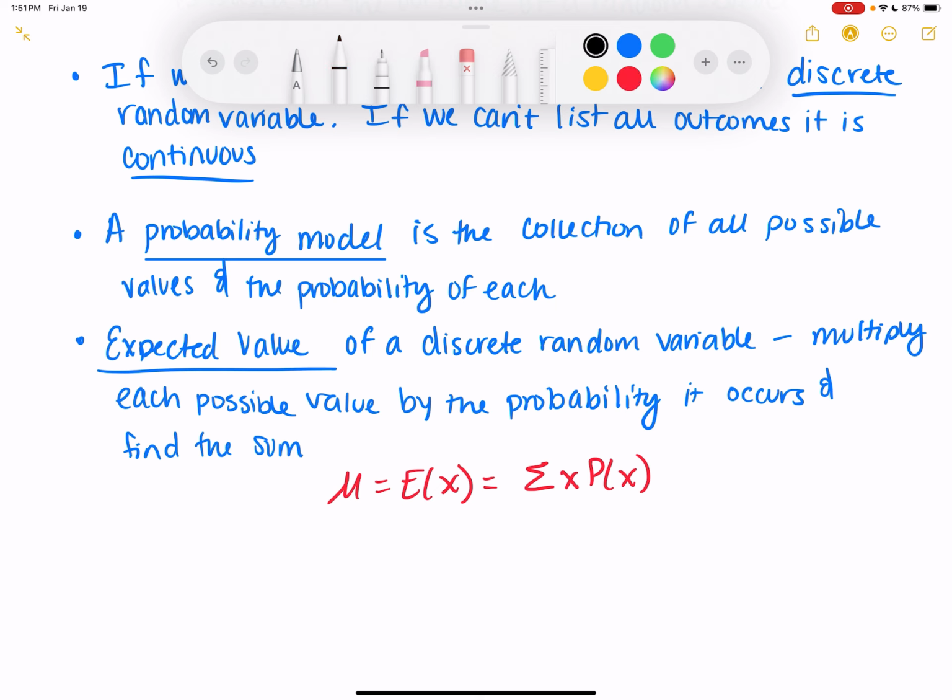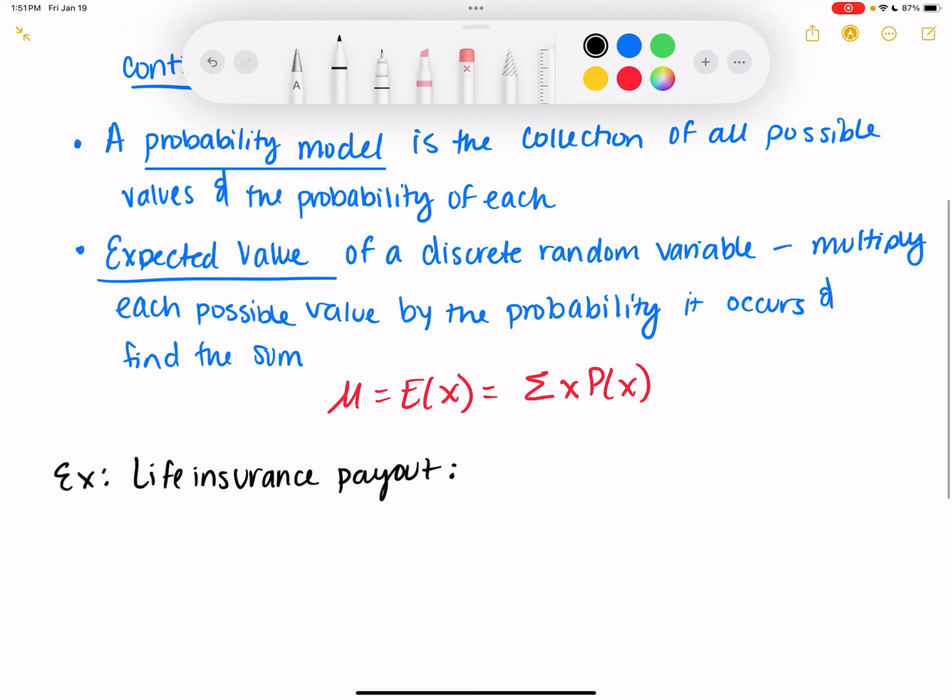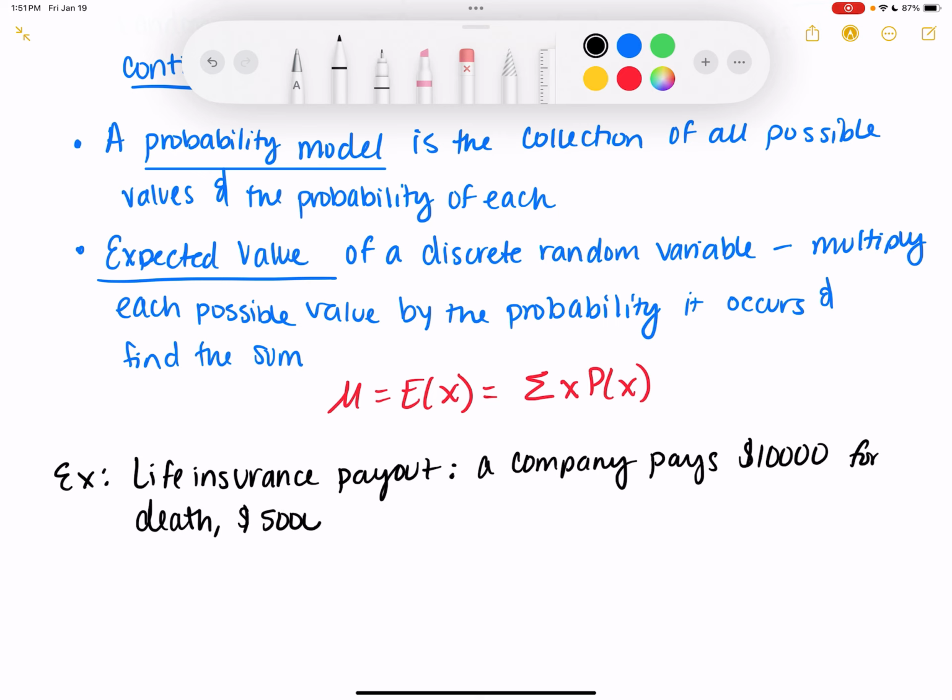We'll look at a quick example of this. Life insurance payout. A company pays $10,000 for death, $5,000 for disability.